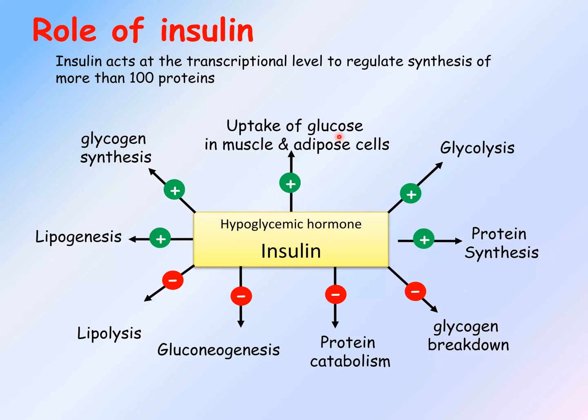So by uptake of glucose in muscles and adipose tissue, glycolysis, protein synthesis, glycogen synthesis, lipogenesis, and by inhibiting glycogen breakdown, protein catabolism, gluconeogenesis and lipolysis. In this I have shown red markings which are inhibited with the help of insulin, and the green ones are positively modulated, in order to maintain the blood glucose level. So this is a very important slide for insulin hormone for maintenance of blood glucose level.